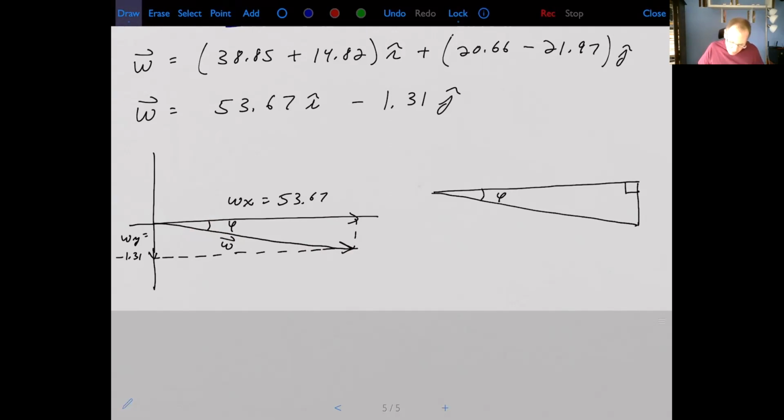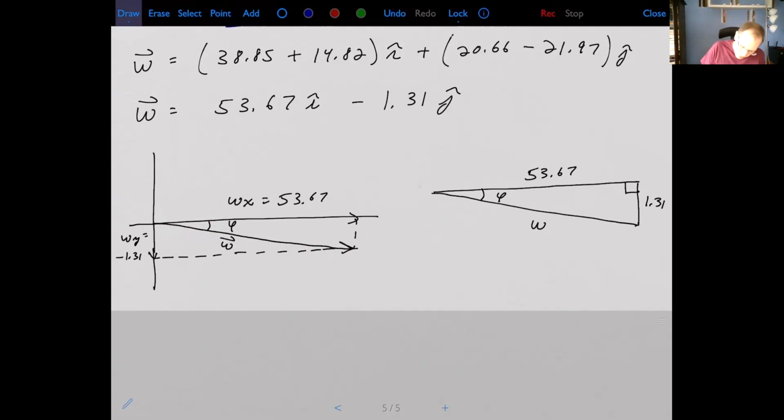So this is phi. Now the negative and positives don't even matter because these are just lengths now, right? It's a triangle, and this length is 1.31. Okay, so how do I find the magnitude of vector W, which I'm calling W?